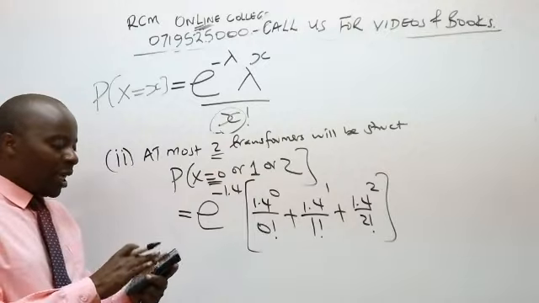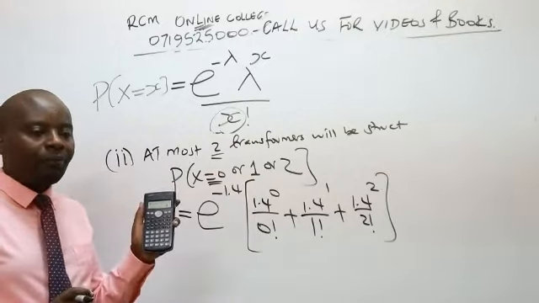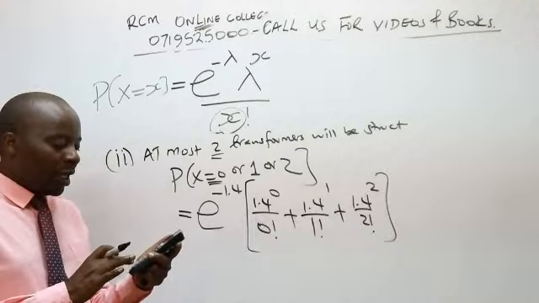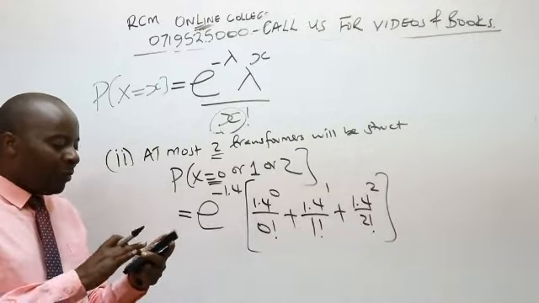So first of all, E. We have shift E, minus 1.4. You say equals first. And then we have times open bracket.